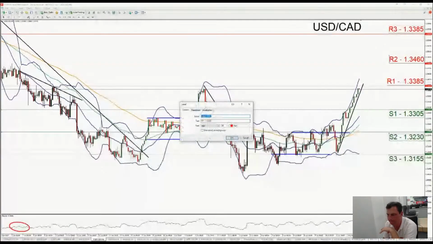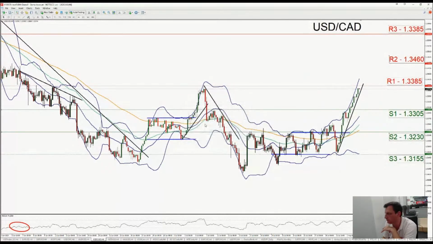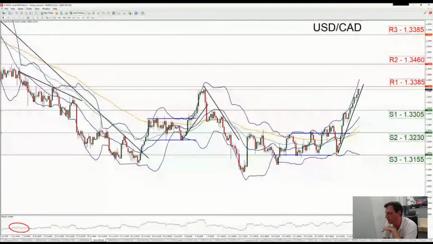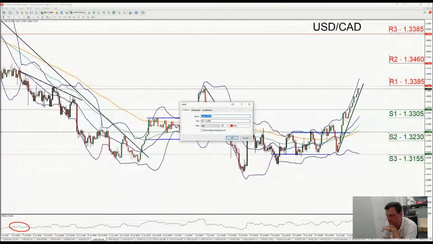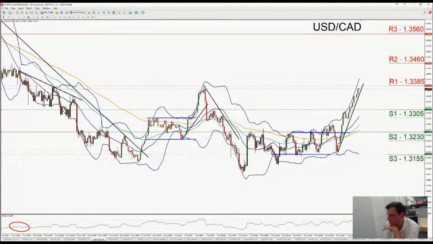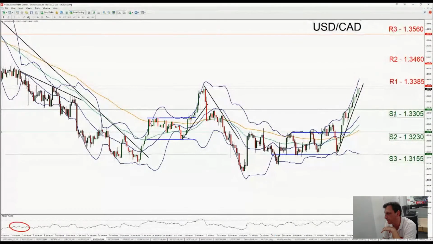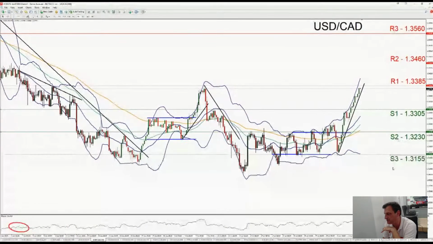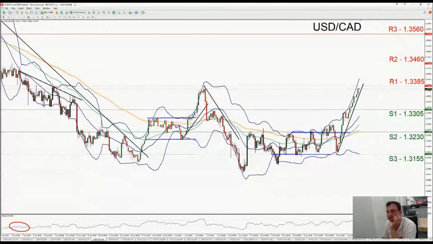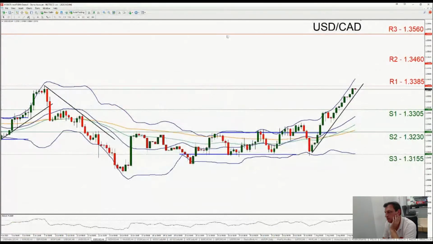Give me a sec. And the R3 at 1.3560. Now there's a clear-cut upward trend line here guiding the pair. It's very intense. I highlight this. And let's zoom in a little bit.